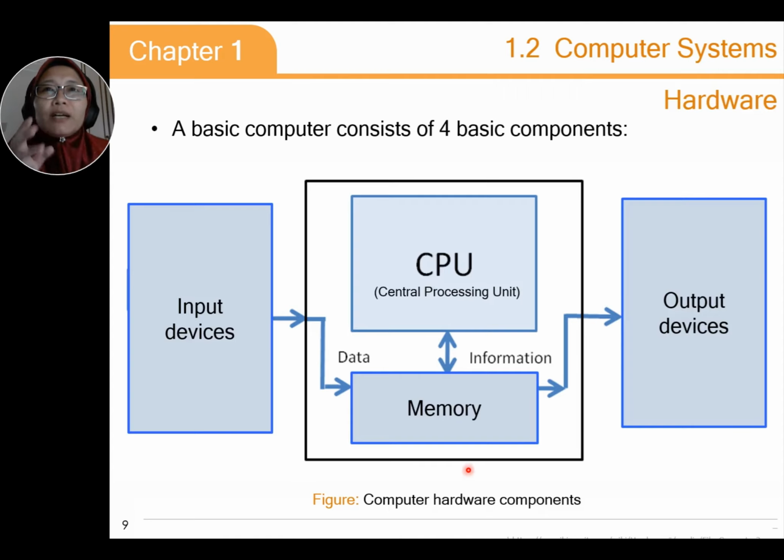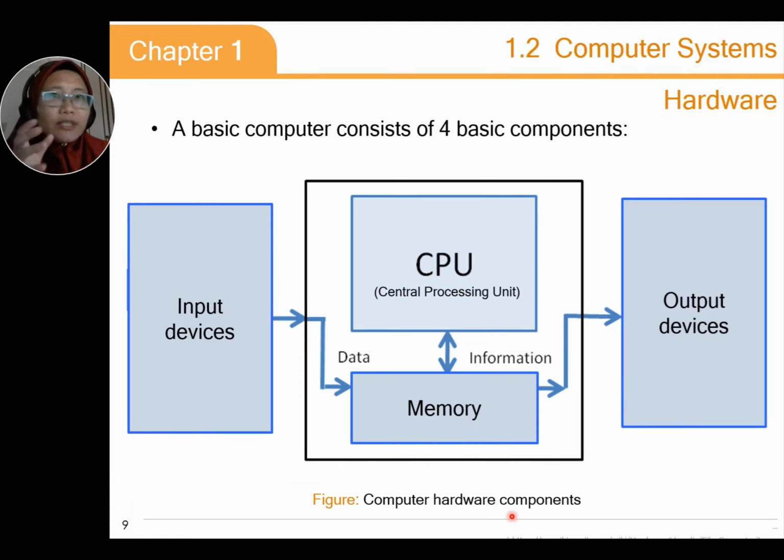Now I want you to focus on this figure because the next figure will look at specific parts based on this simplistic version. So here, this is a figure that explains the computer hardware components.